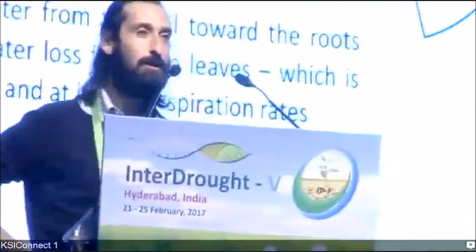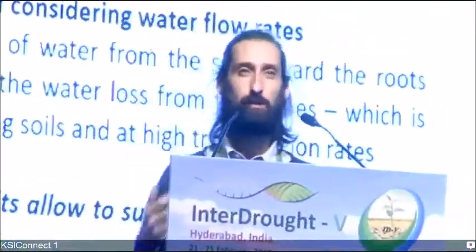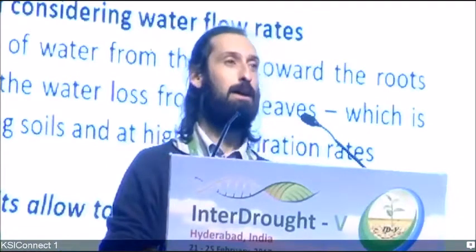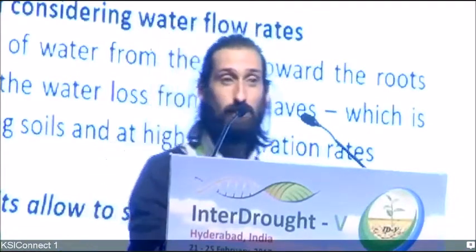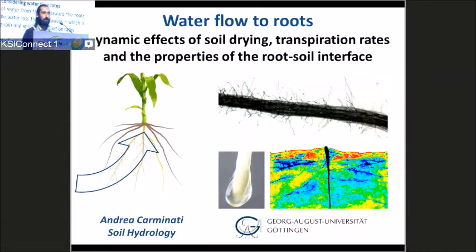So the objective of this talk is to discuss the principle of how water flows from the soil to the roots, in particular when the soil is getting dry and the transpiration rate is high, which is mainly when you have drought. So basically, it's the case that we are addressing in this conference.